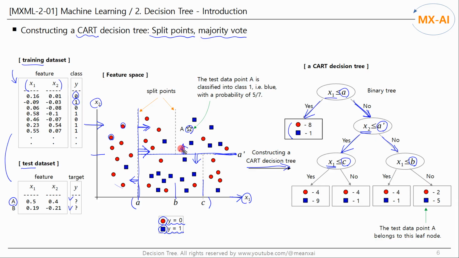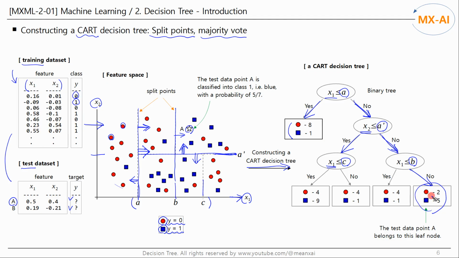Since the feature x2 is greater than A', it is assigned to the right child node of this node. Finally, since the feature x1 is greater than B, it is assigned to the right child node of this node. That is, the test data point A belongs to the last leaf node.